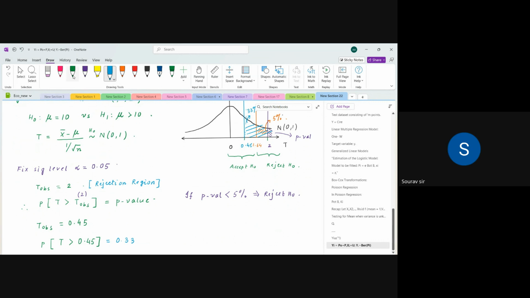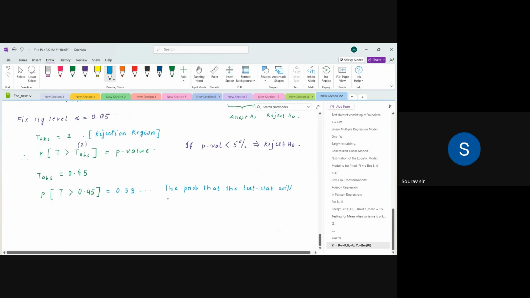The probability that the test statistic will take a value more than 0.45 is 33%.